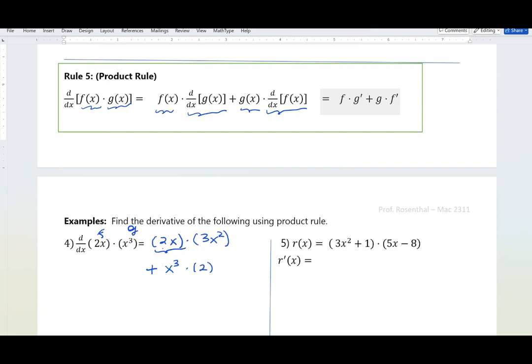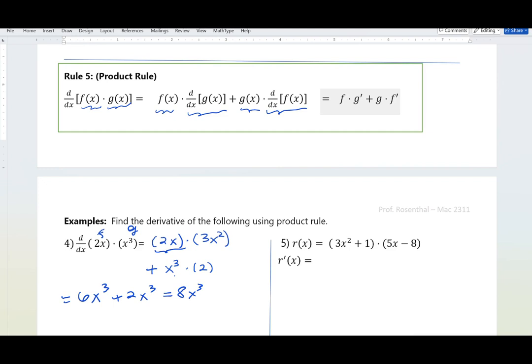Now, there's a plus in the middle, so first I can simplify this product as 6x to the third, and this product as 2x to the third, and we're getting 8x to the third as the derivative of this. And if you remember, with our method where we simplified it first and then took the derivative, this matches that. So this is indeed the correct answer.